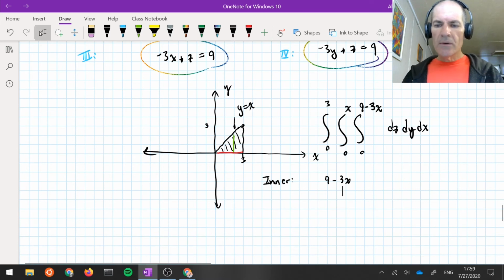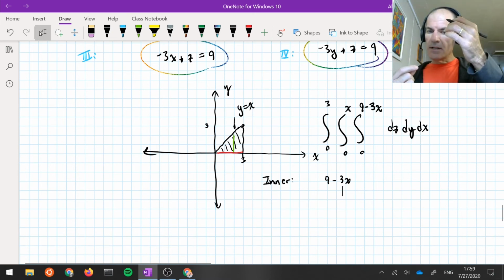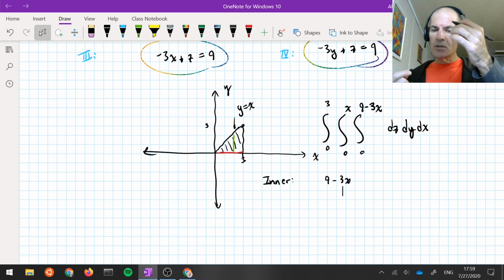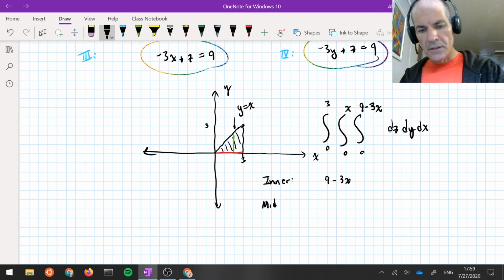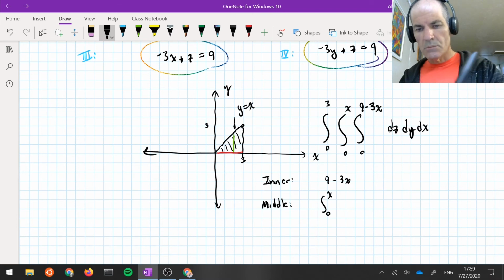Well, if I integrate 1 with respect to z, what do I get? I get z. I plug in the top, 9 minus 3x, plug in the bottom, 0, and subtract, and it all nets out to just 9 minus 3x. What's the middle integral? Well, we take the inner integral and we integrate it from 0 to x with respect to y.